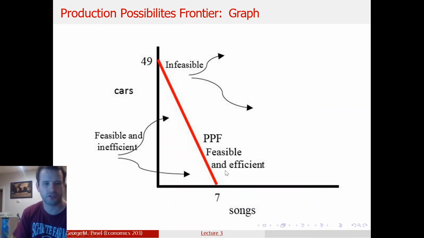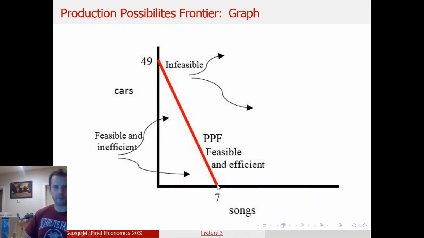And the reason it corresponds to the x-axis good is basically because your slope is going to be y over x, right? Cars per song, right? And your opportunity cost is going to be quoted in terms of cars per song. For every song that you're making, you are not making 7 cars, okay?